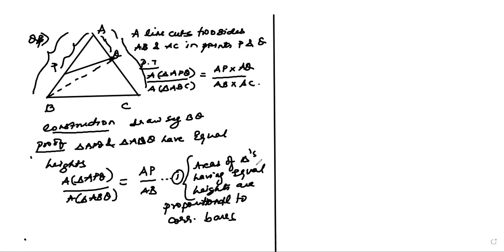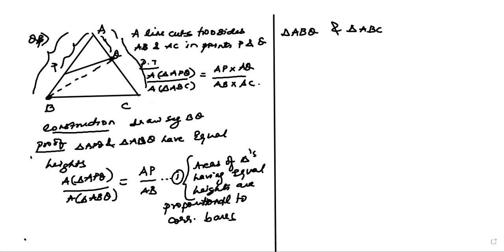We have learned it. Now listen, children, I got AP upon AB. I would like to get AQ upon AC. How to get AQ upon AC? I'm not doing any extra construction, but look at triangle ABQ and triangle ABC. They have a common vertex B, and the opposite sides AQ and AC lie on the same line.